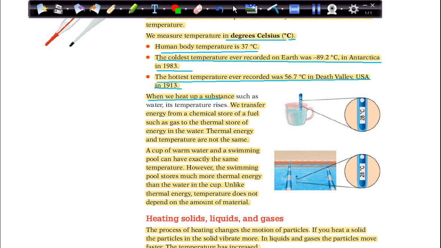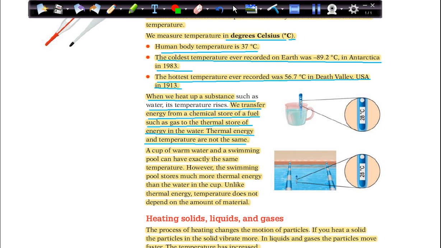When we heat up a substance such as water, its temperature rises. We transfer energy from a chemical store of a fuel such as gas to the thermal store of energy in water. Thermal energy and temperature are not the same.